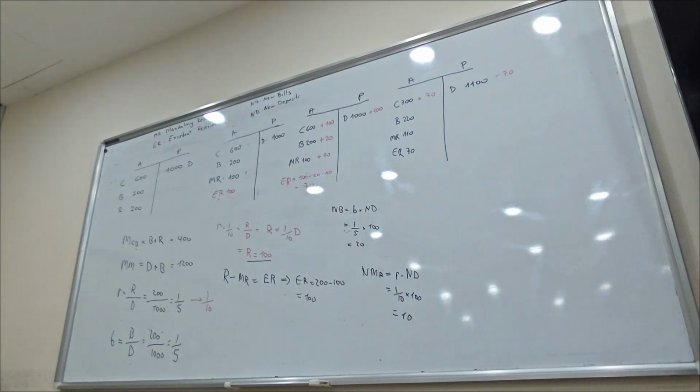What is the part of the 70 that will be taken as new bills? How many new bills will this create? How much? 14, very well. Everyone understands why 14? It's clear for everyone?